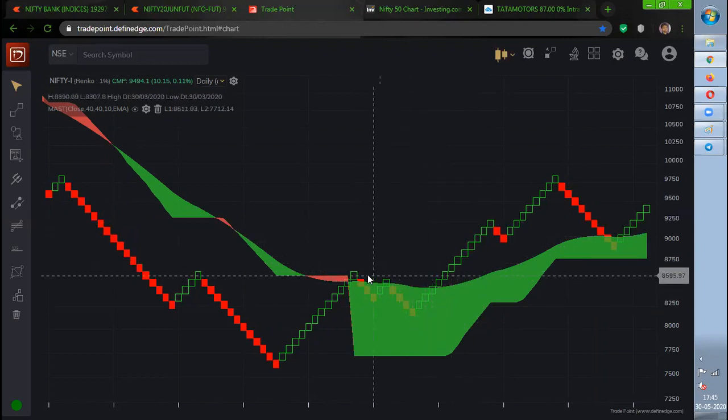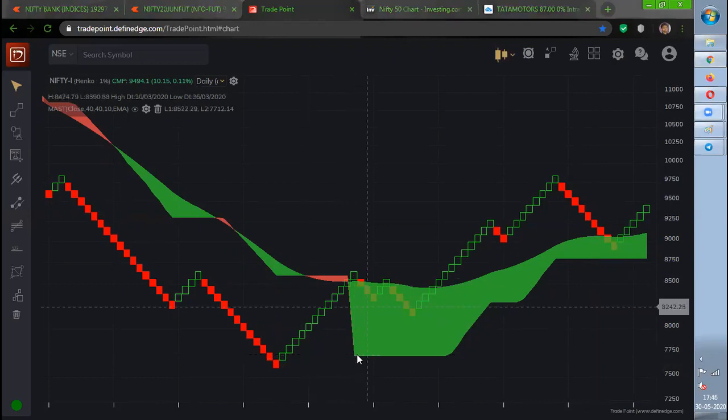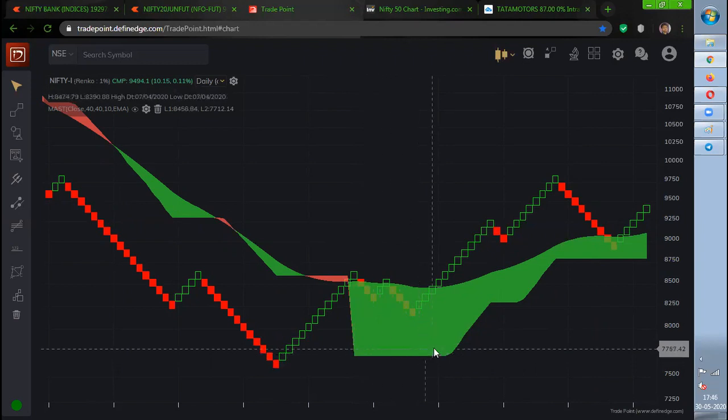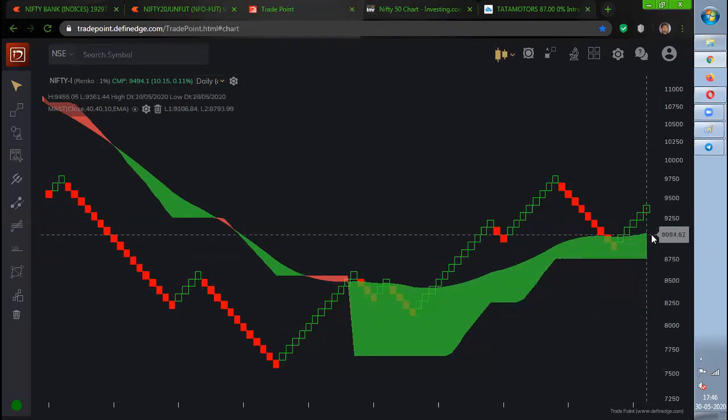Your stop loss should be either the swing low or this zone's low. Your stop loss should be trailed using the same, as this block will also move. Based on that, your stop loss can be moved. Clear?